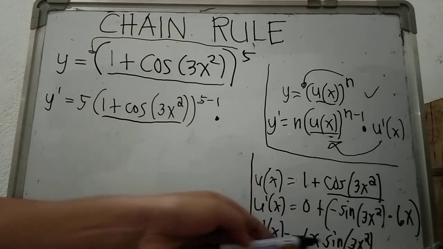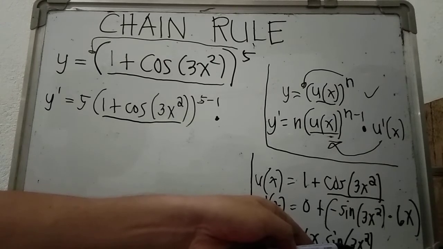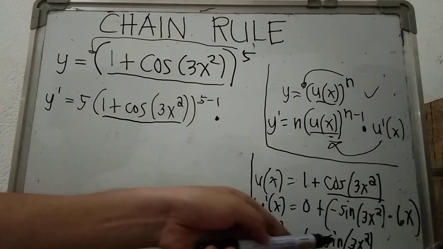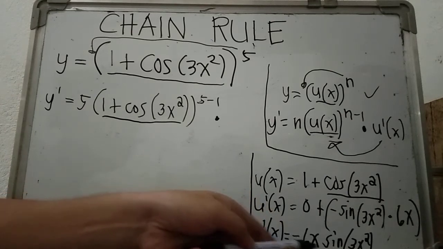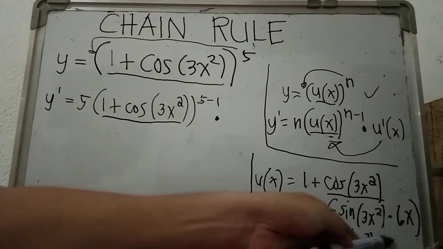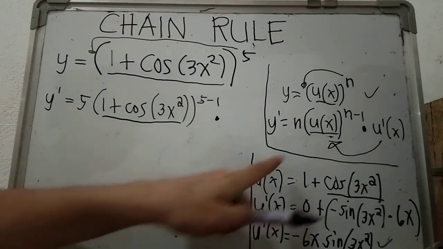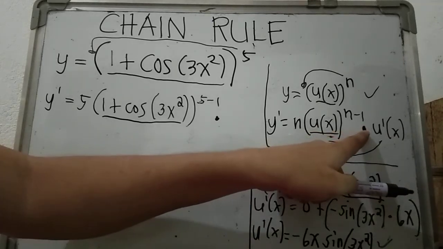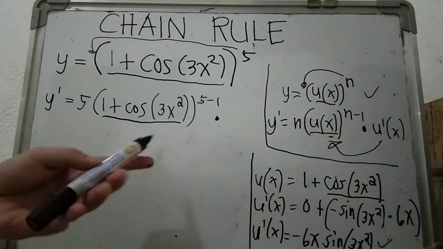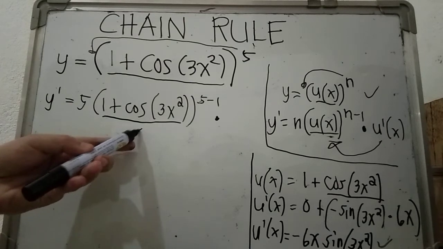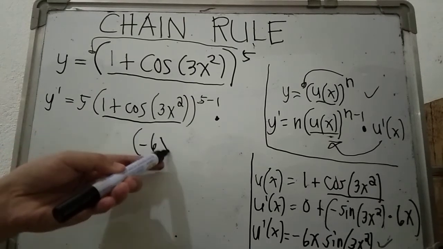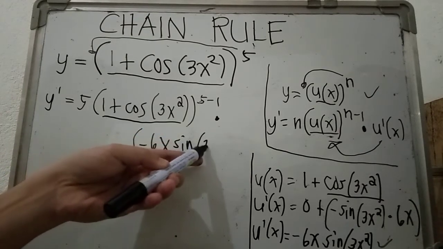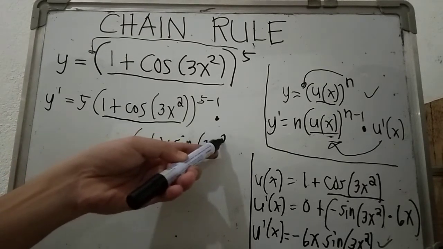Now, negative 6x cannot be multiplied to 3x squared because 3x squared belongs to sine. So you cannot multiply negative 6x and 3x squared. So this is now our derivative for our u, the one inside the parentheses. This is the value that we're going to multiply with, so this is now times, continuation here, negative 6x sine 3x squared.